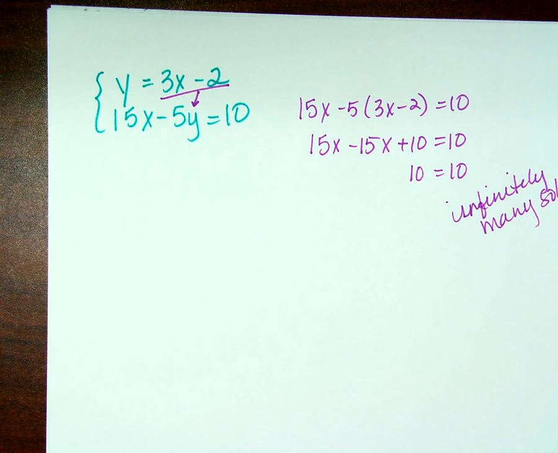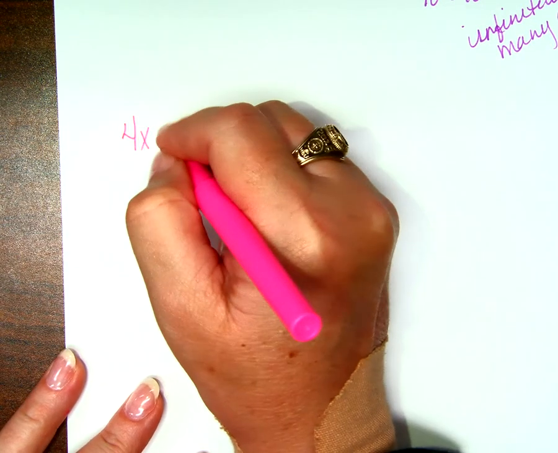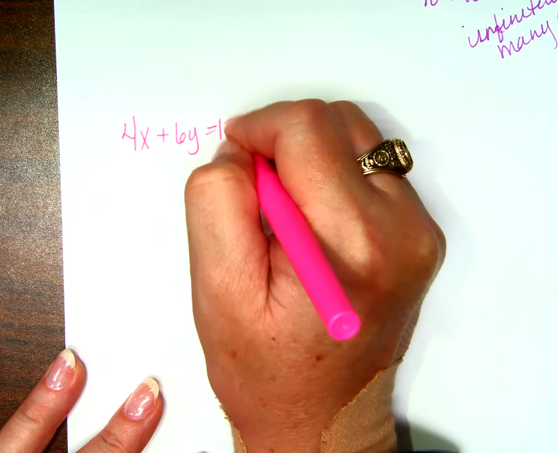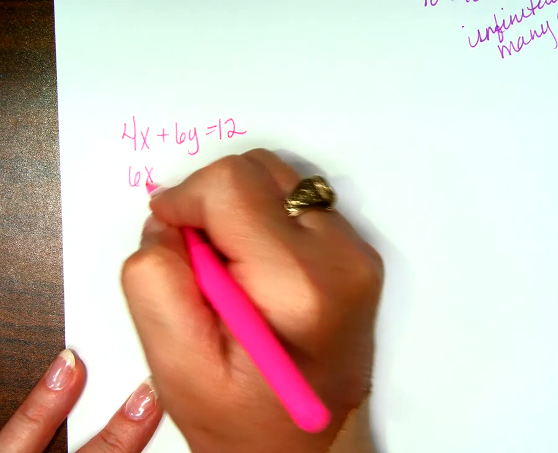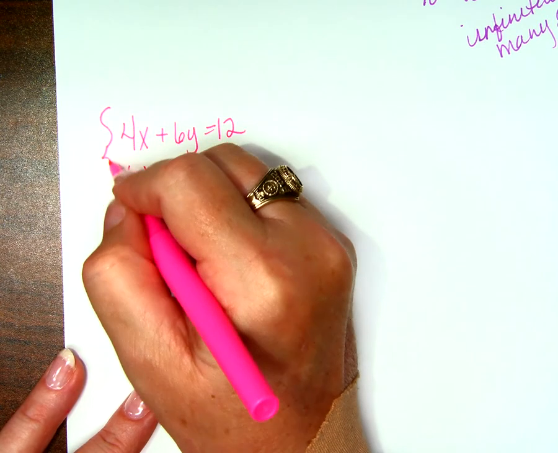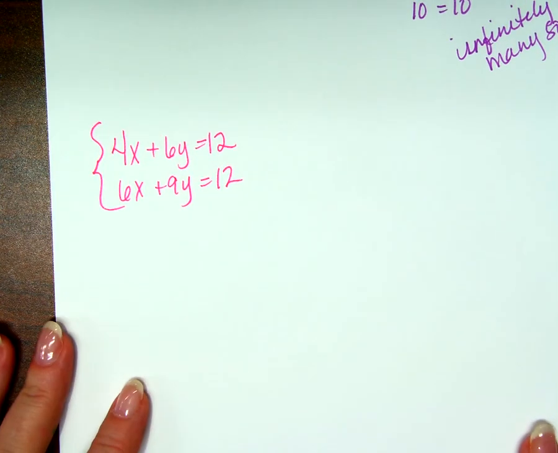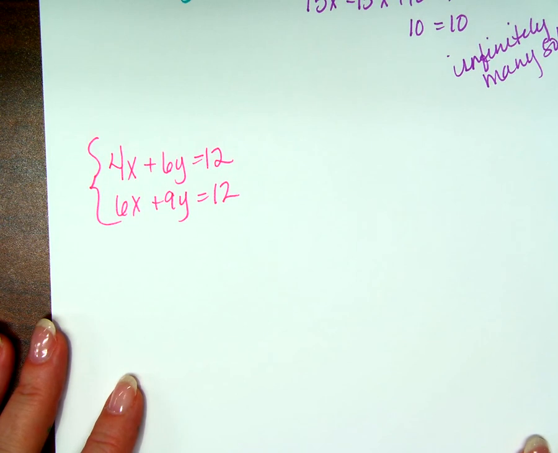No solution. What would it look like if it was no solution? 4x plus 6y equals 12. 6x plus 9y equals 12. So let's solve this one. Elimination? Which one do you want to eliminate?